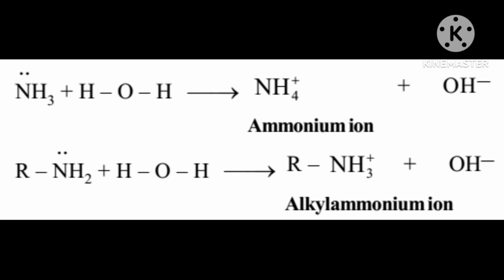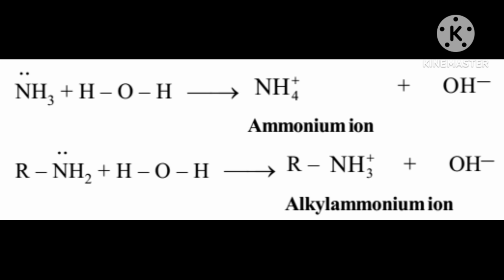This is the acid, like HCl, HBr, HI, all are acids. X is a halide ion, X will be negative, H will be positive. Then nitrogen will donate electrons to H, and it will form RNH3X.